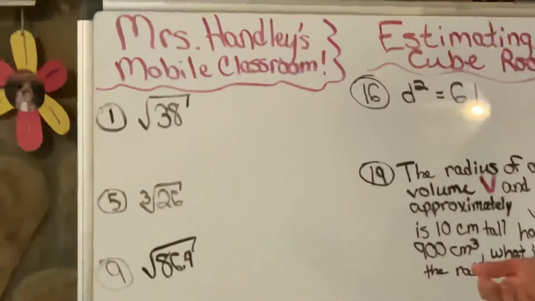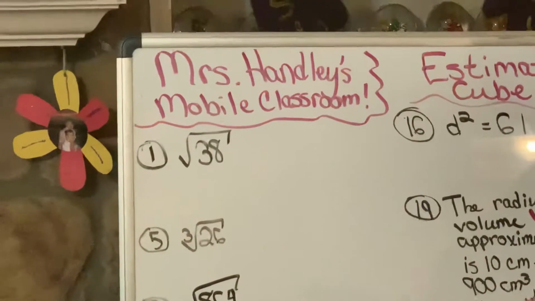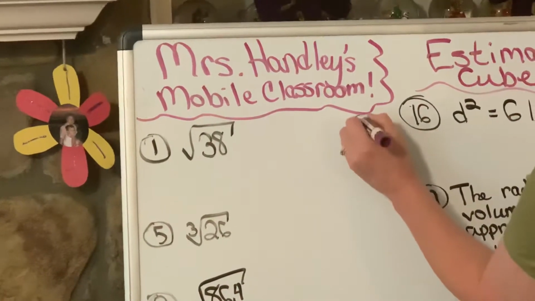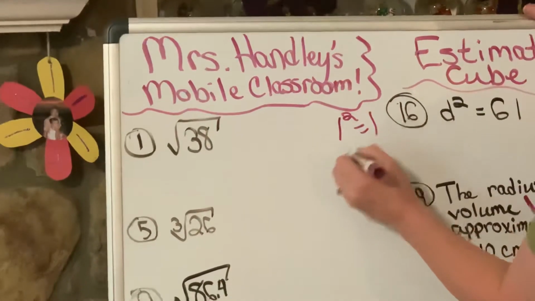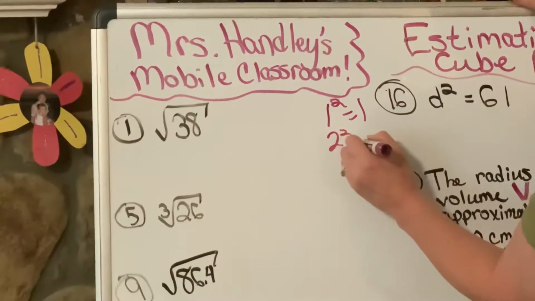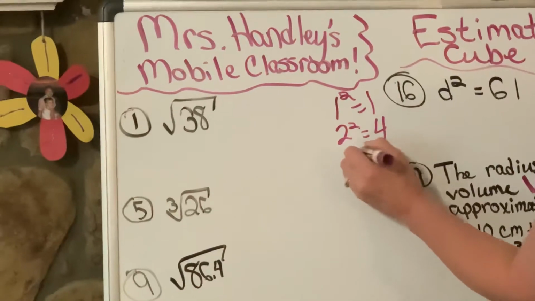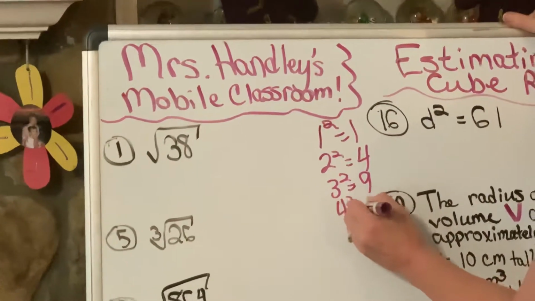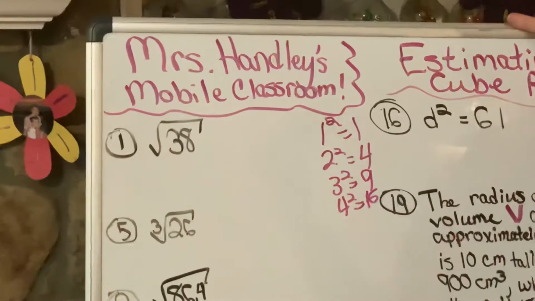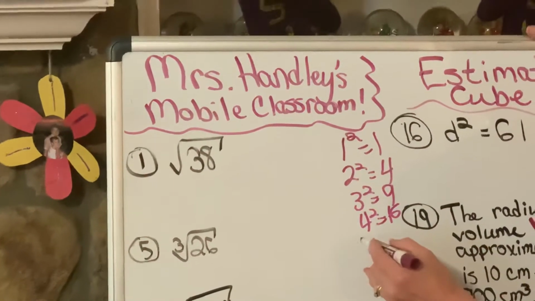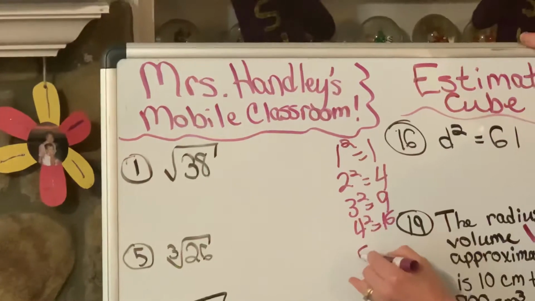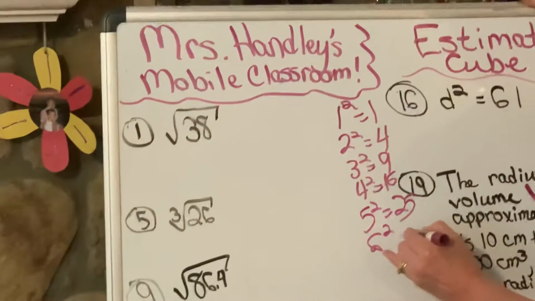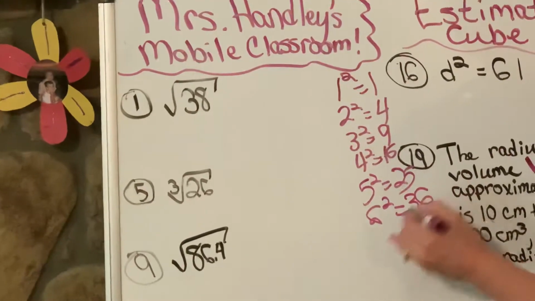All right, so we have the square root of 38. We have to figure out where 38 falls within our perfect squares. If we remember, 1 squared equals 1, 2 squared equals 4, 3 squared equals 9, 4 squared equals 16. As you can see, this is why it's important to know those perfect squares. 5 squared equals 25. 6 squared equals 36.